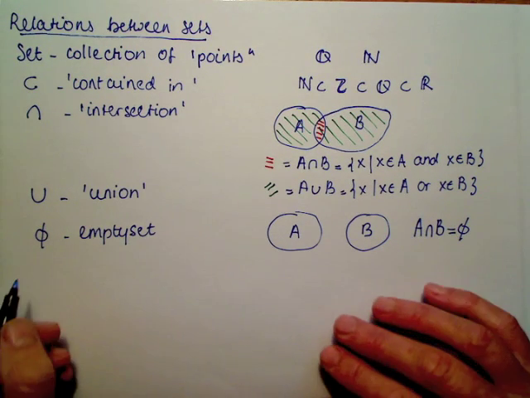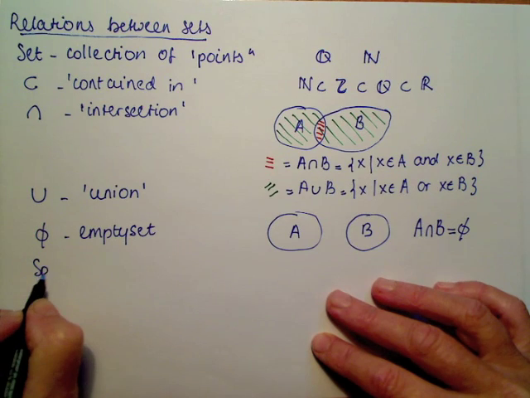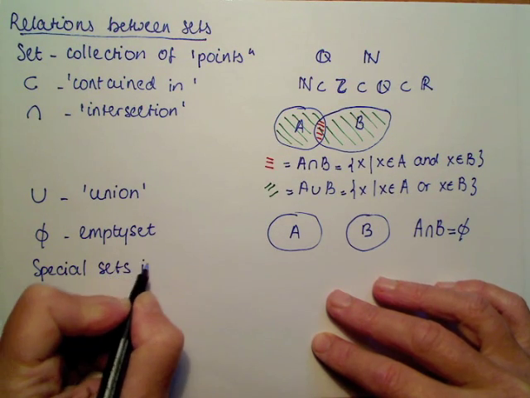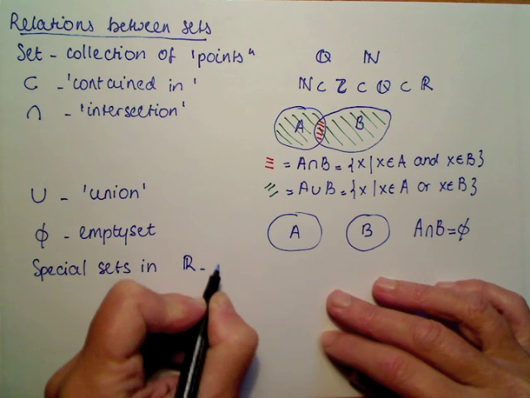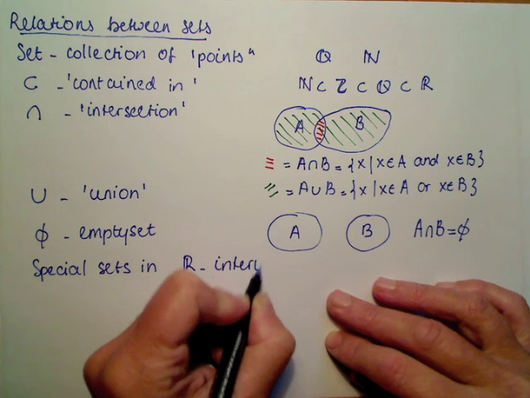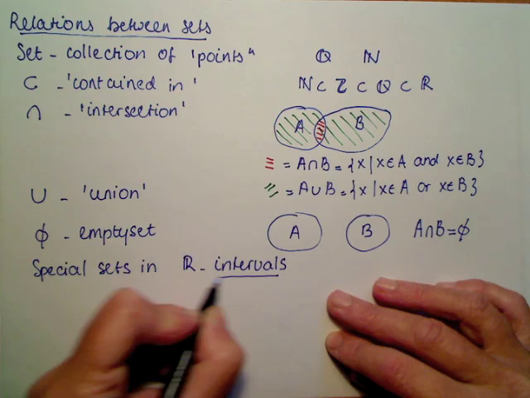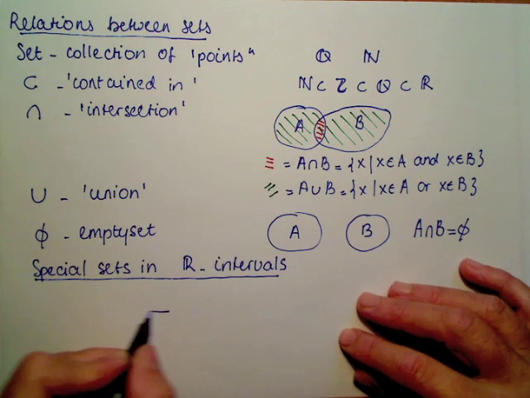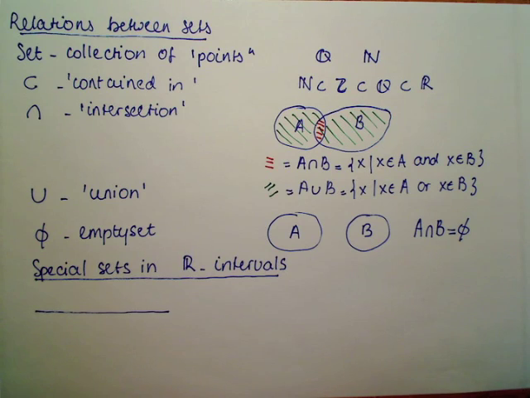Now there are very special sets in R, which are called intervals. Now we have various types of intervals. So first is a closed interval.